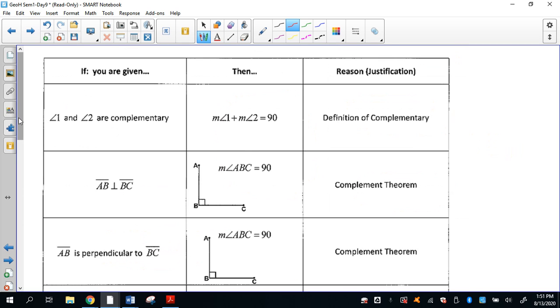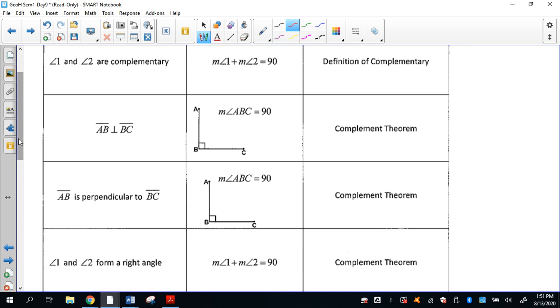The back side is almost all review as well. We're going to review complementary and supplementary angles. Remember, complementary looks like a 90 degrees, so complementary angles add to 90 degrees. If they give you the word complementary, just use the definition of complementary.